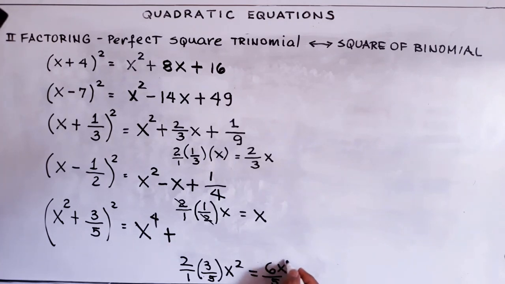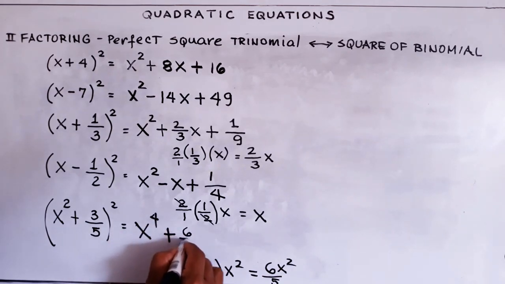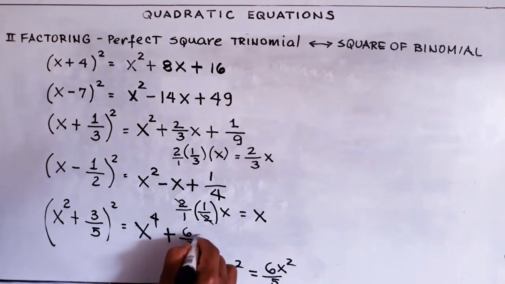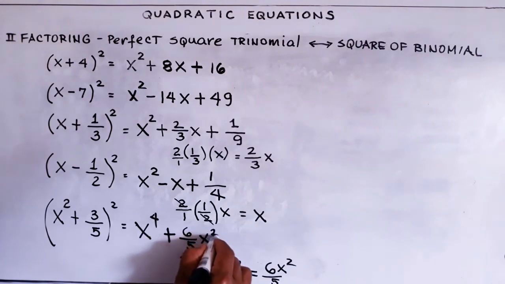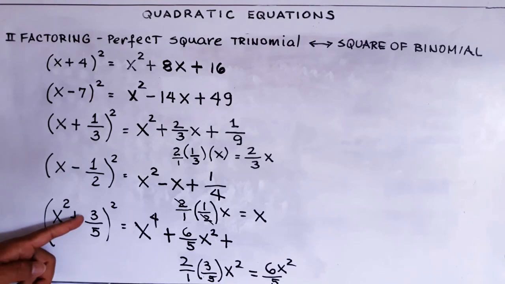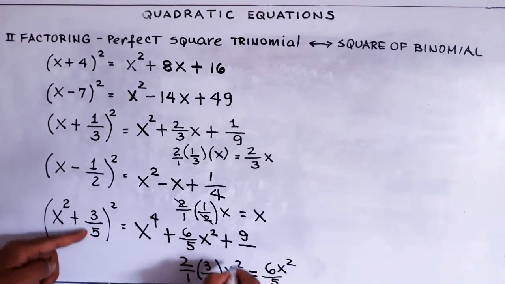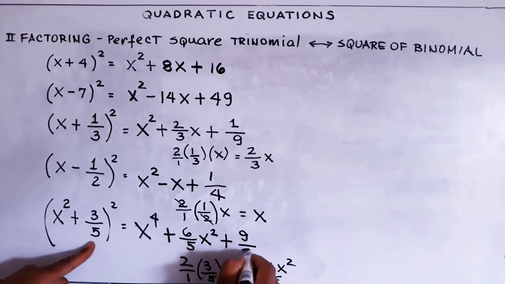And then you have the square. So you can write here 6/5. That is an improper fraction. 6/5 x squared. And the last term is always positive. And 3 times 3, it's 9. And 5 times 5, it's 25.